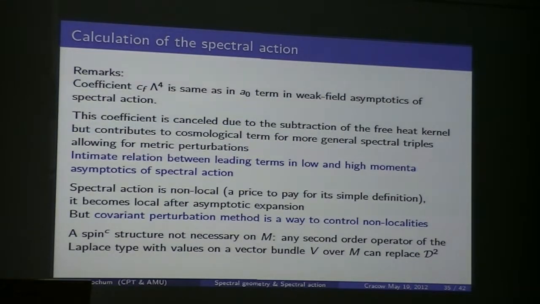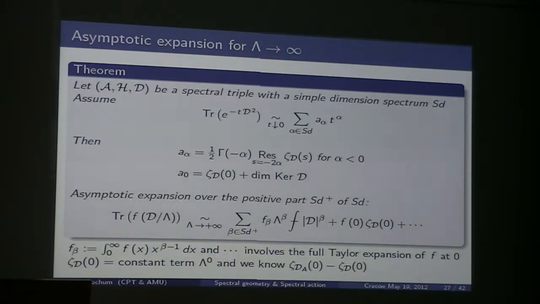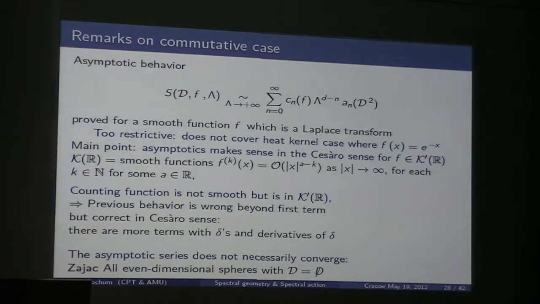These coefficients C_F times lambda 4 are the same as in the lambda 0 term in the weak field asymptotics of the spectral action. So the lambda 0 term, let me try to find it. Wow, it's here. The lambda 0 term here is precisely the main behavior of the spectral action, the first term. The coefficient is usually called the cosmological term.